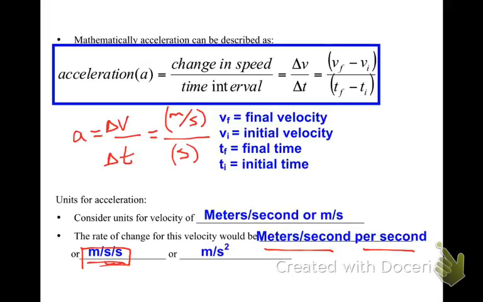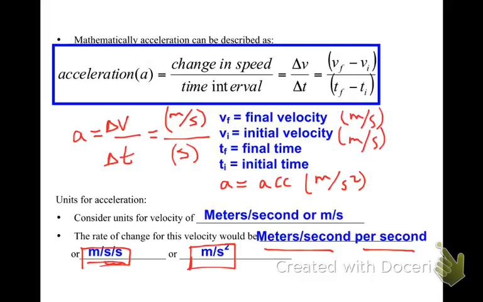And you get meters per second squared. So our units for acceleration would be in meters per second squared. Our units for all of our velocities are meters per second, and our units for our time would be seconds.